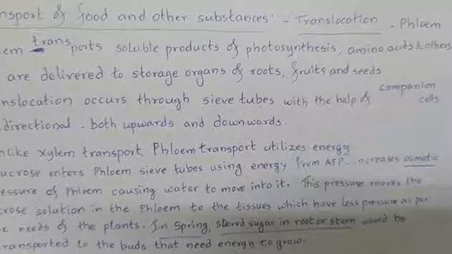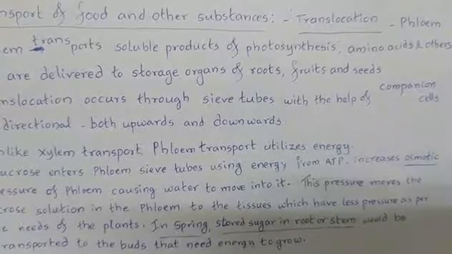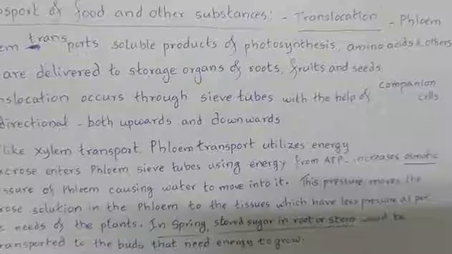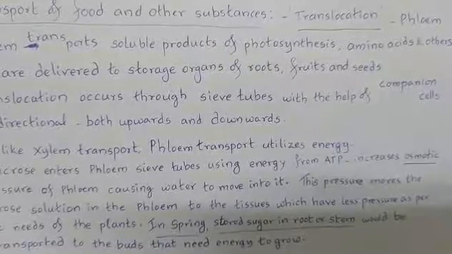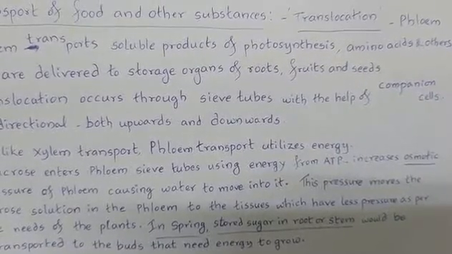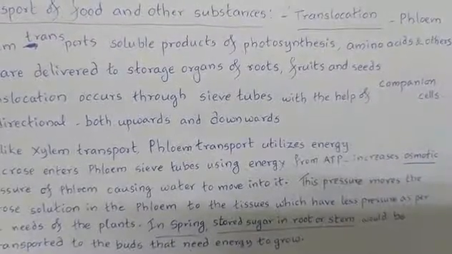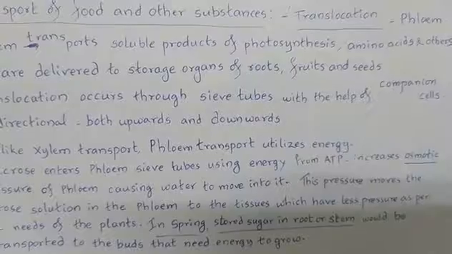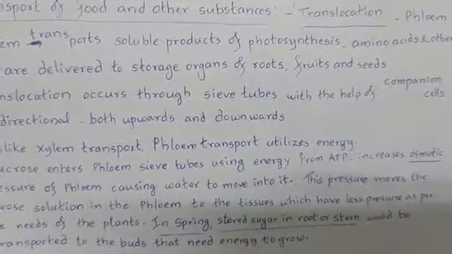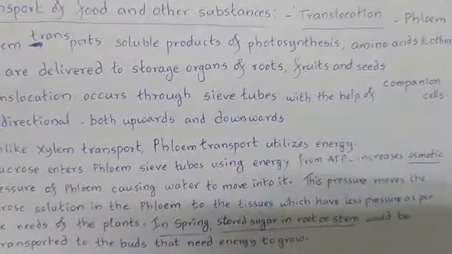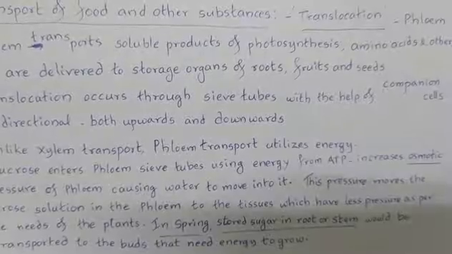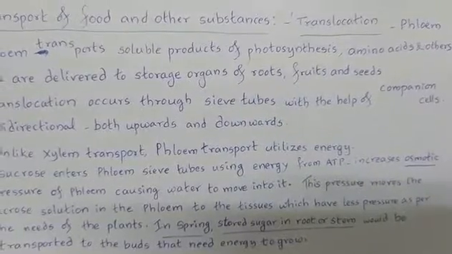Then the storage organs of the roots contain the stored sugar. So in spring, stored sugar in the root or in some parts of the stem will move to the buds that need energy to grow. So as per the plant's needs, the food is transported in the plant body.